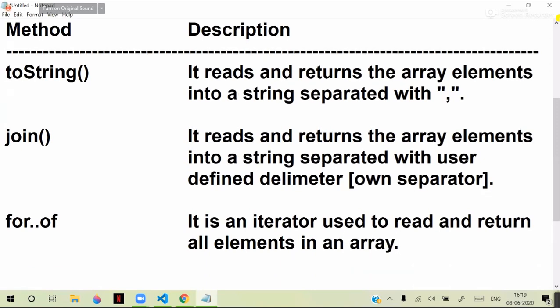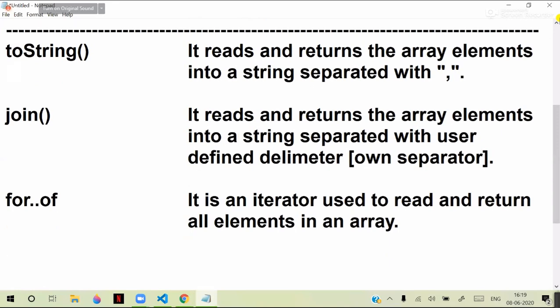You can use for of operator. For is a statement, of is an operator to read all the elements. You can read and return all the elements of an array by using toString, join, for of like operators.